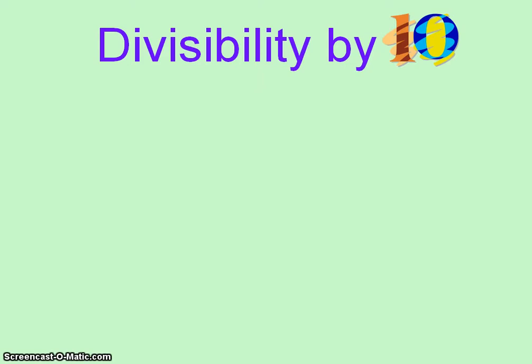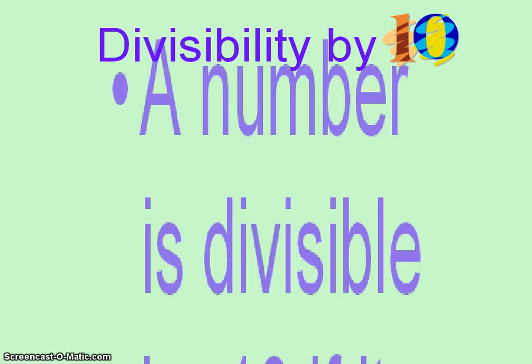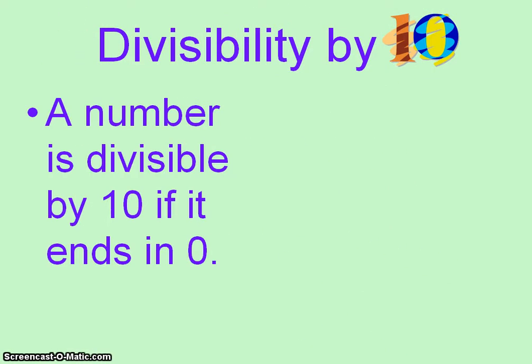All right, we're ready to write down our next divisibility rule. It's divisibility by 10. Copy this definition down on the back side of the flap that has a 10 on it. A number is divisible by 10 if it ends in a 0.